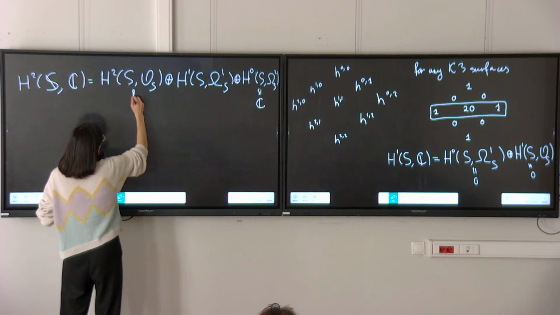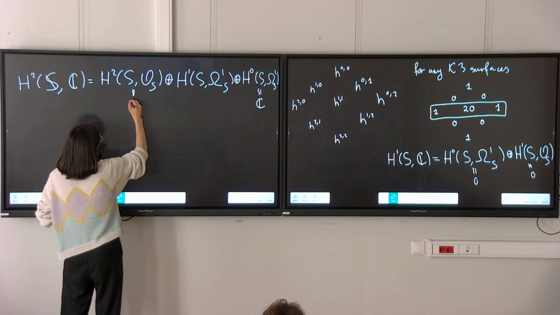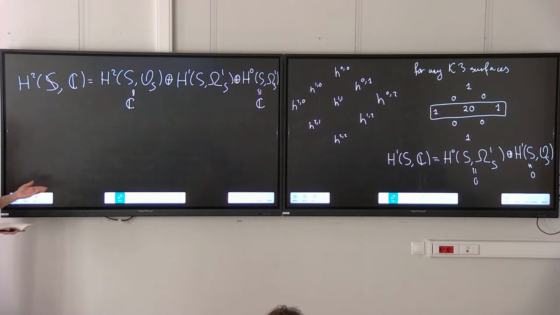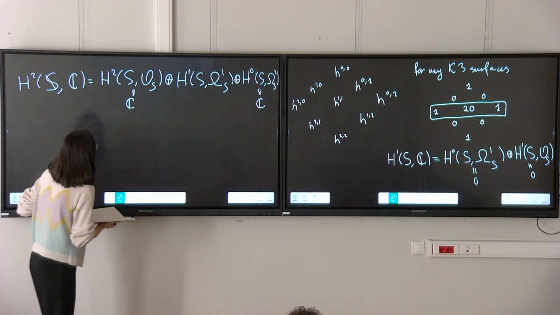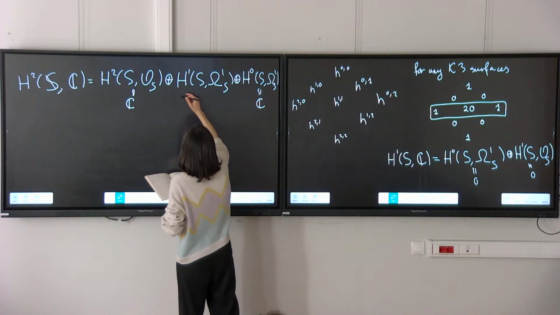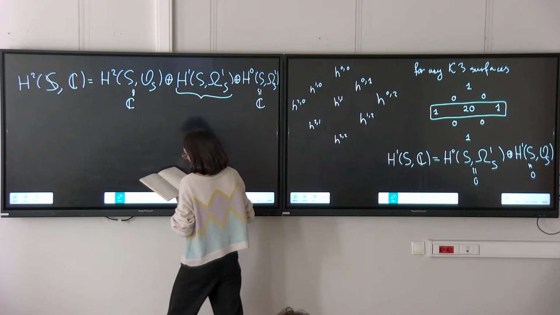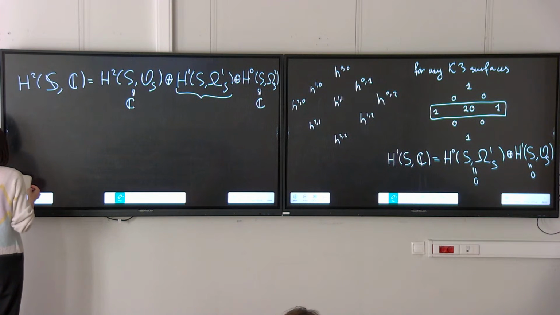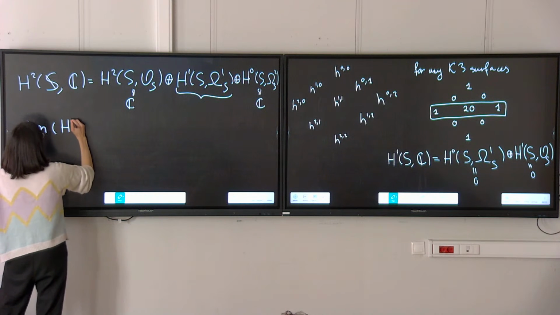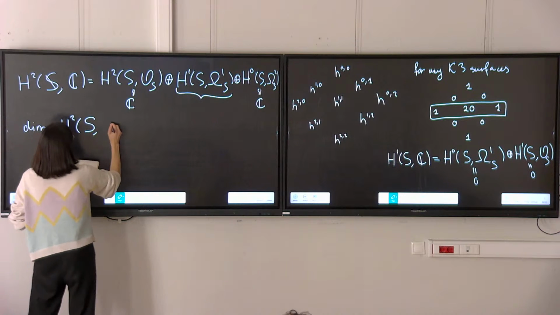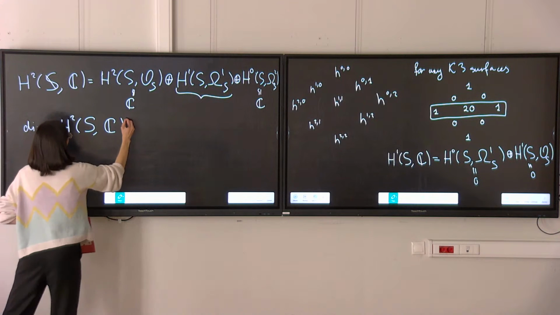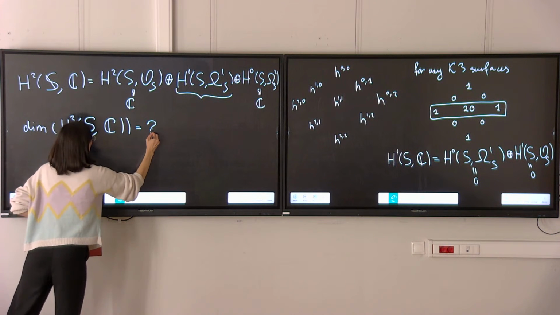So using Hodge theory, we obtain immediately that this is C, and this is just from duality. So it remains to compute this thing. And to compute this thing, it's enough to compute what is the dimension of the second cohomology. And here we can use the Noether formula.